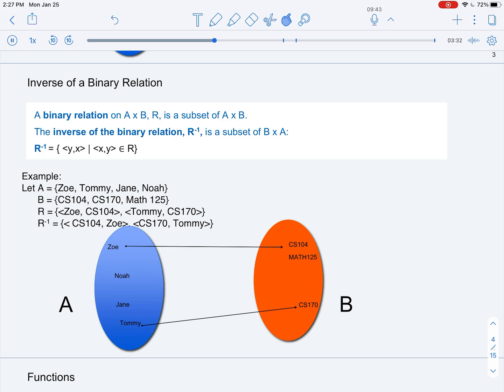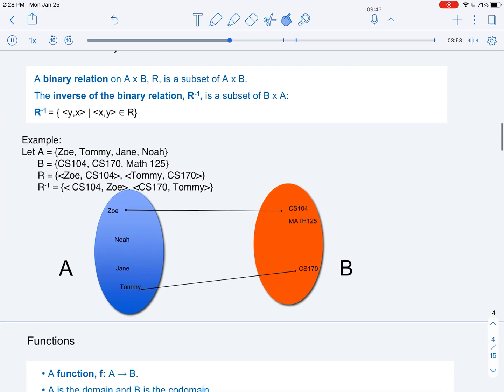And the inverse of this binary relation R is just flipping the courses and the students. It is a subset of the Cartesian product of the courses cross students. So here we have CS 104, Zoe, and CS 170, Tommy, as the second ordered pair in the inverse of the binary relation R.